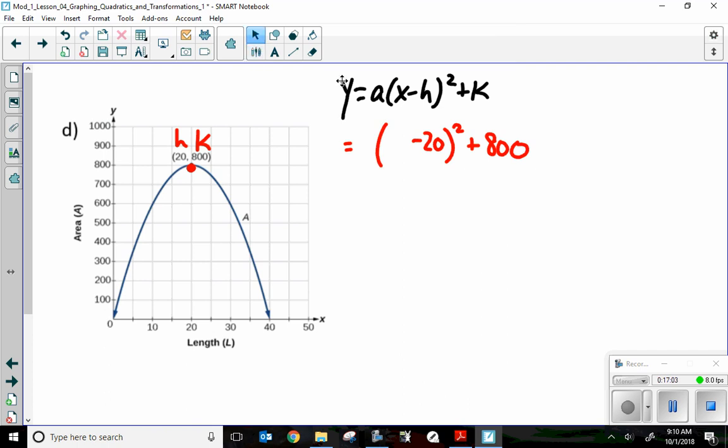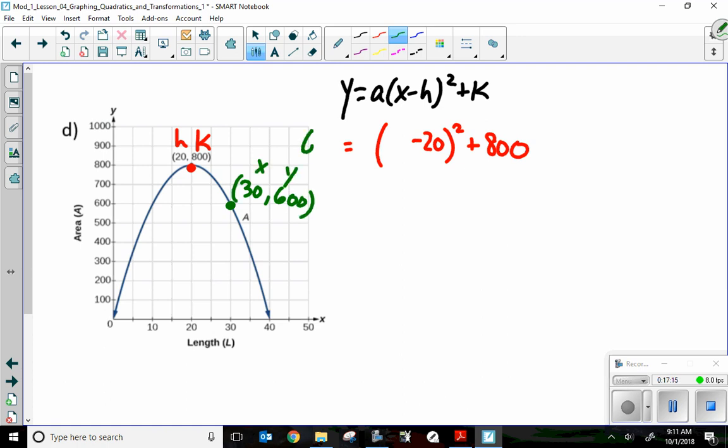My other point, I'm going to go ahead and tell you, use this coordinate right here. That is at 30 on the X, 600 on the Y. So 600 for Y, 30 on the X. I just need to solve for A. All right?